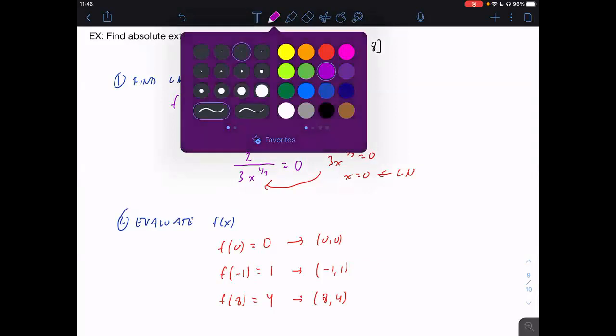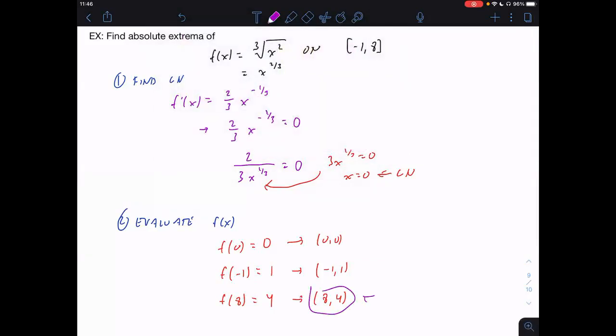So 8, 4 is our absolute max. I'm going to say abs for absolute. And then the smallest y value would be our absolute minimum. And the smallest y value here is at 0. So 0, 0 would be our absolute minimum.